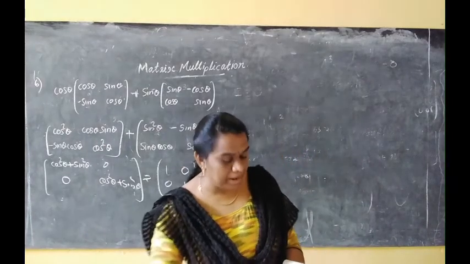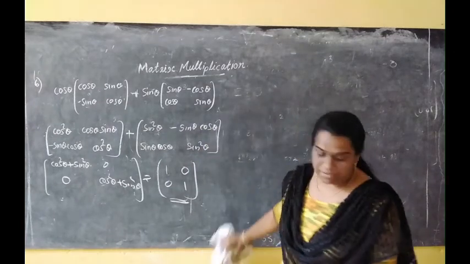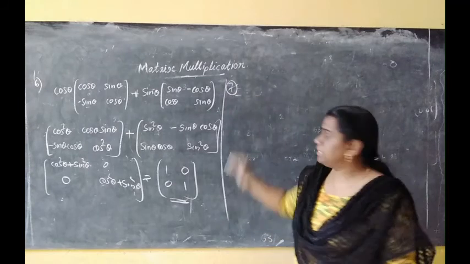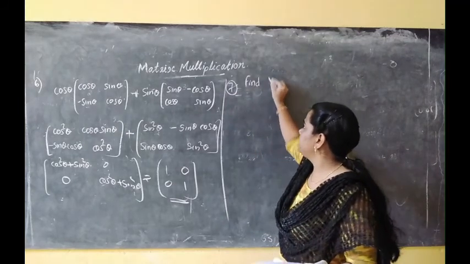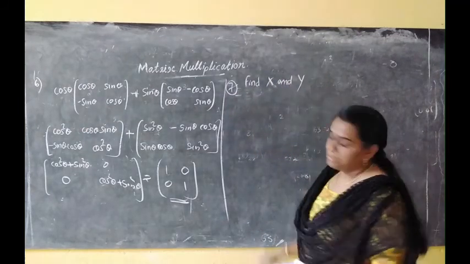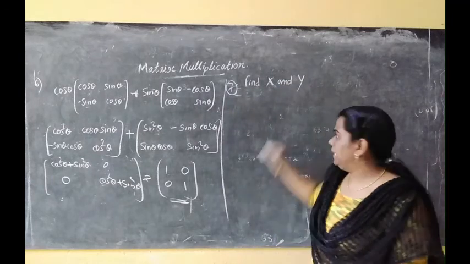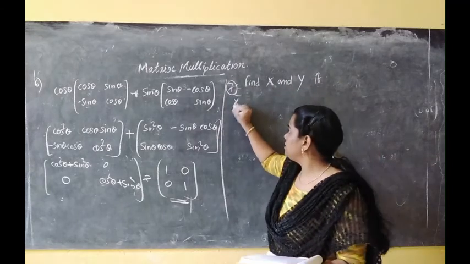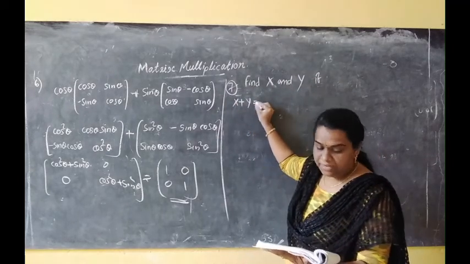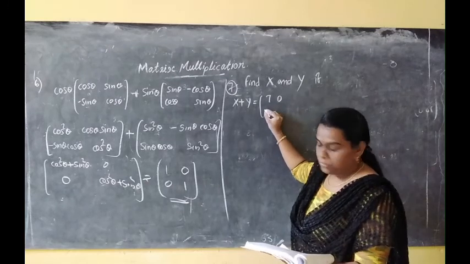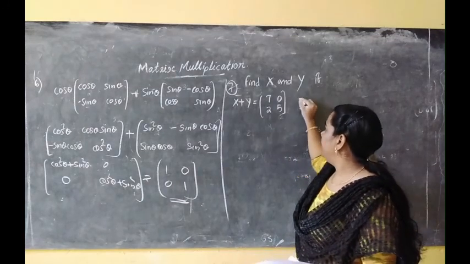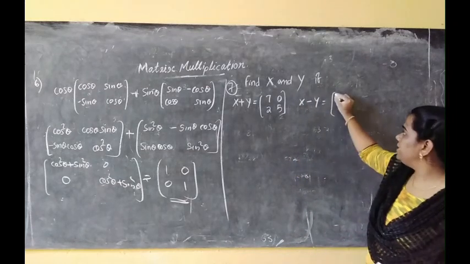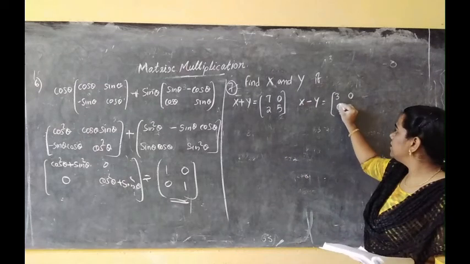Then question number 7 of the first section. In the 7th question, find x and y, if x plus y is given as the matrix 7, 0, 2, 5, and x minus y is given as 3, 0, 0, 3.